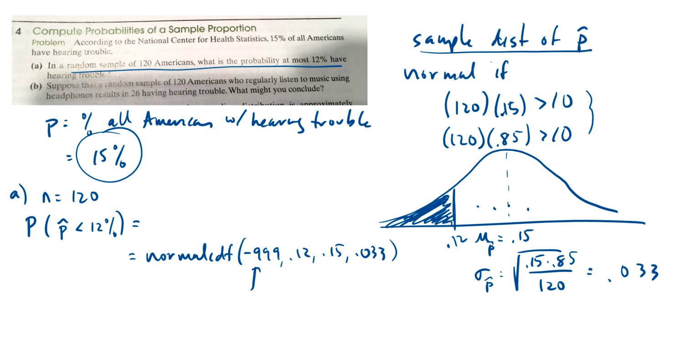This is the min, or the lower bound, the max of my shaded area. This is the mean, and this is the standard deviation. And if I do that, we'll go second vars, normal CDF, negative 9999, comma, 0.12, 0.15, 0.033, and you get 0.182 or 18.2%.